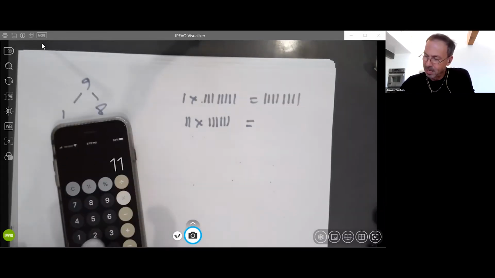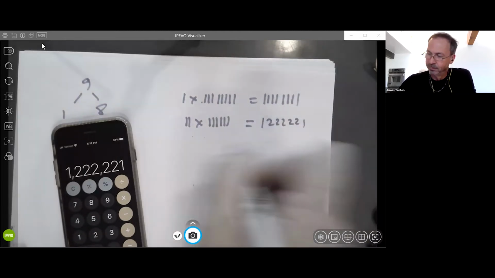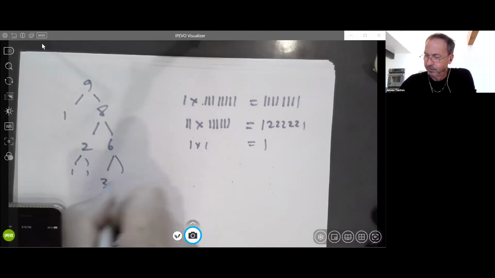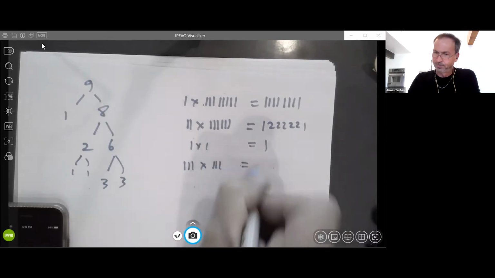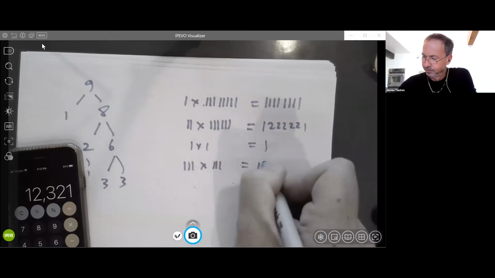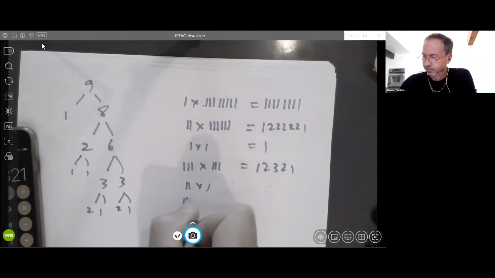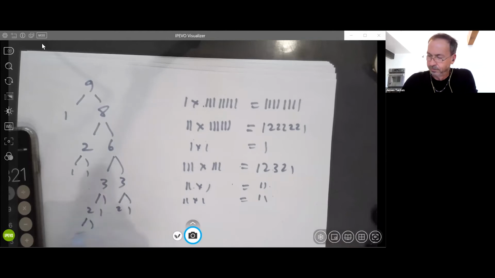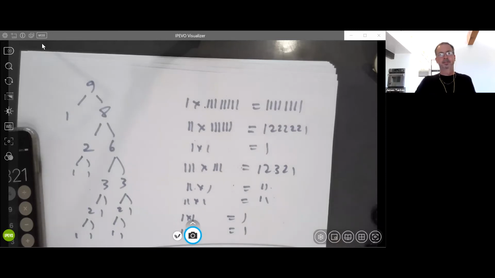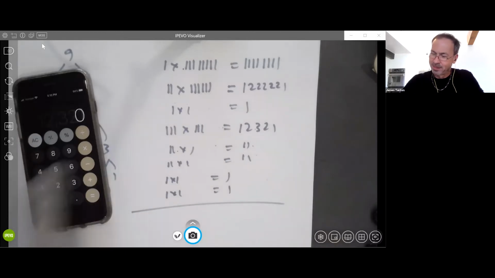Since I don't trust my brain, I'm going to do this very carefully with a calculator. All right, I'm going to add up all my answers.